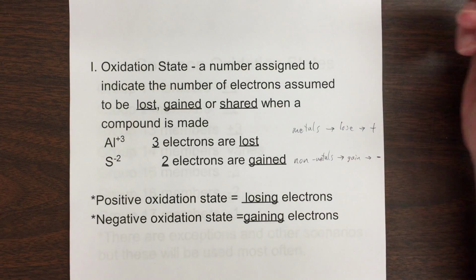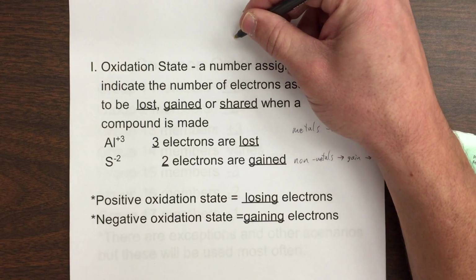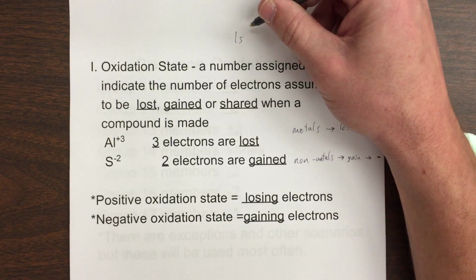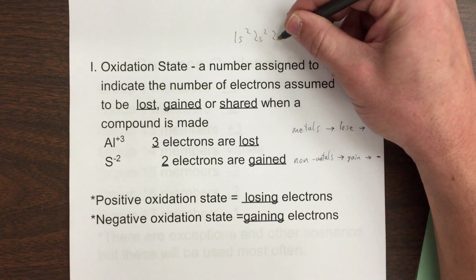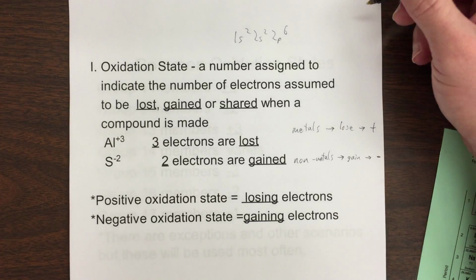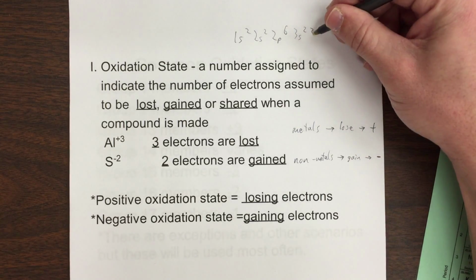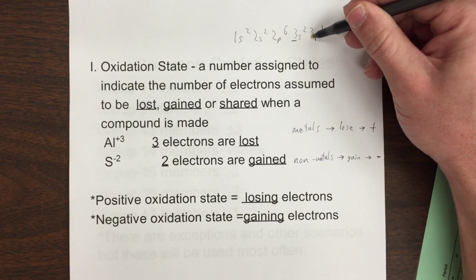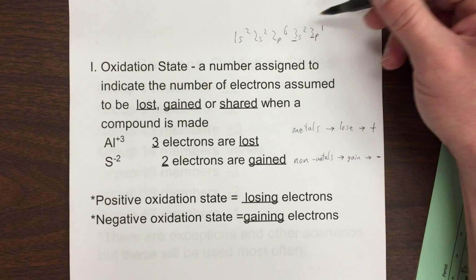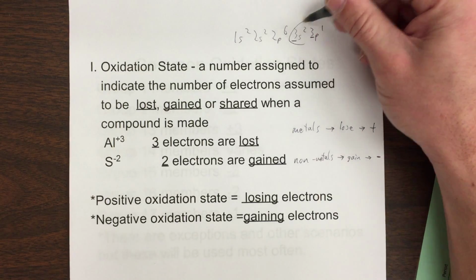And once again, the reason why these do this, for example, the electron configuration of aluminum, 1s2, 2s2, 2p6, 3s2, 3p1. So aluminum has 3 valence electrons on its outer shell, these 2 from S and this one from the P. So it's going to lose these 3 electrons.